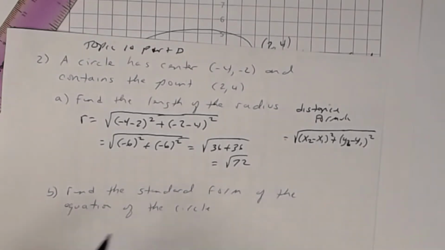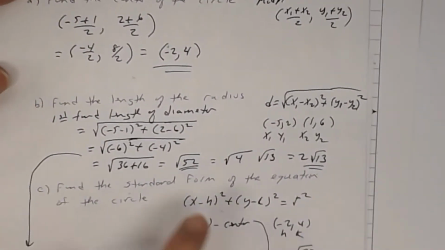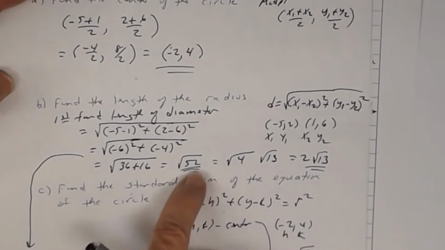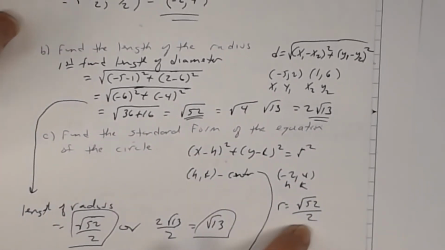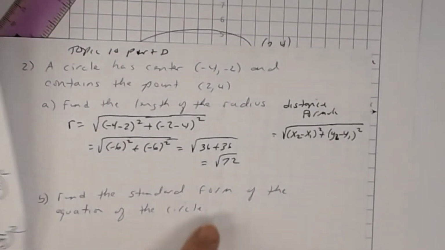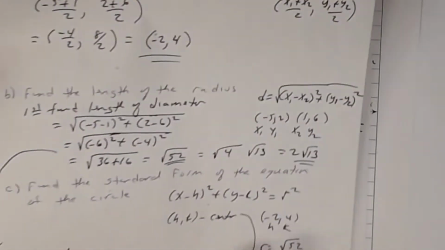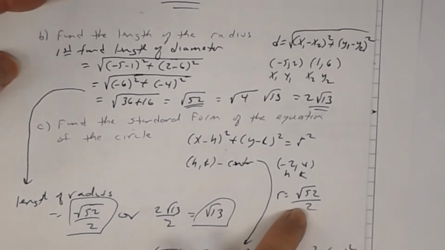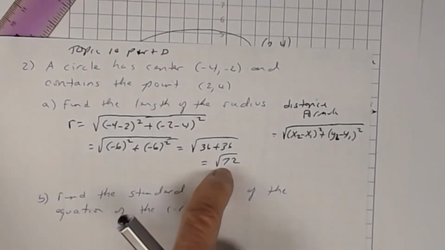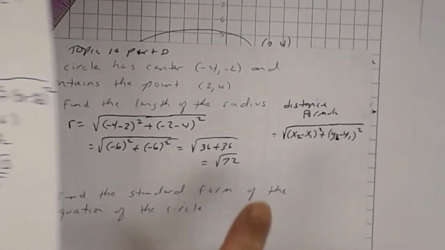Now, why is it that when we did part B in number 1, we divided by 2, and here I'm saying that's the answer, you don't divide by 2? Why did we divide by 2 there, but we're not dividing by 2 here? Well, the reason is because of this.